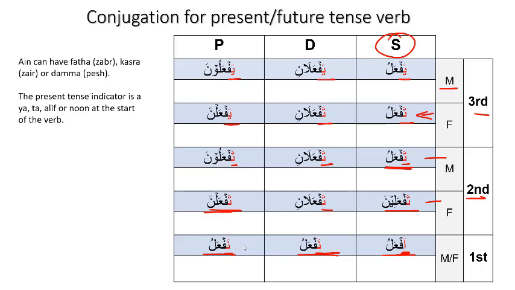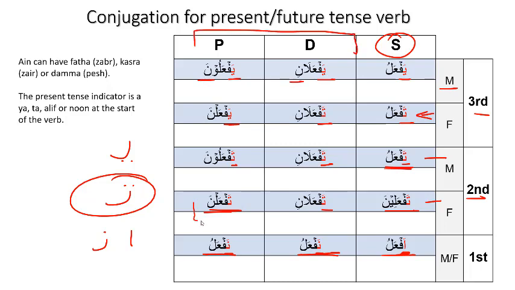So basically the present tense indicators are ya, ta, which is the most common, and then alif or hamza, which is for first person singular, and noon, which is for first person dual and plural. The other thing to note is the frequent use of this noon at the end.